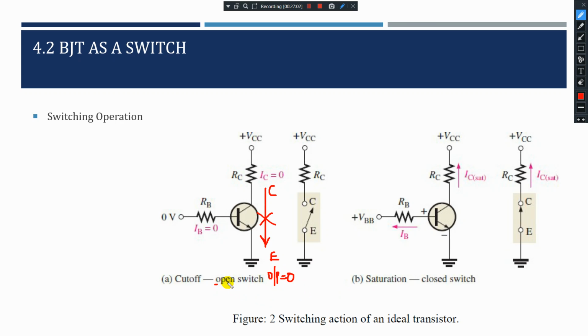So output is 0 means open switch. The switch is open. RC, RB, that's nothing but the resistance for your collector and your base. One more thing I need to tell you is this is an NPN transistor.